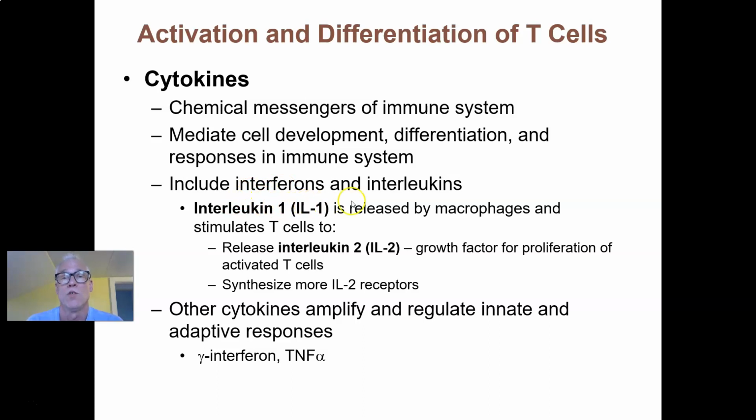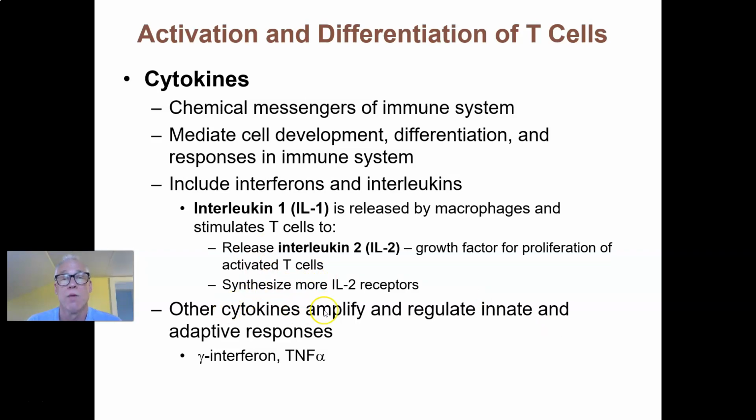Interleukin 1 is one particular cytokine that we encountered earlier when we talked about the innate immune system. Macrophages, when activated, produce interleukin 1. And interleukin 1 is a cytokine that can cause the production of interleukin 2 by activated T cells. So T cells that produce interleukin 2, that will drive the proliferation of T cells, and they'll form the clone.